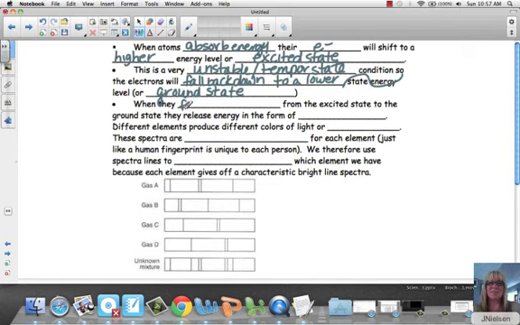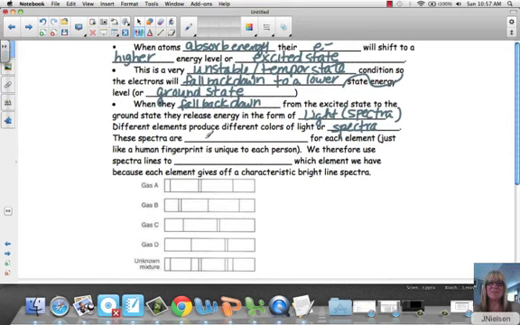When they fall back down from the excited state to the ground state, they release energy in the form of light, which is called spectra. Different elements produce different colors of light or spectra.